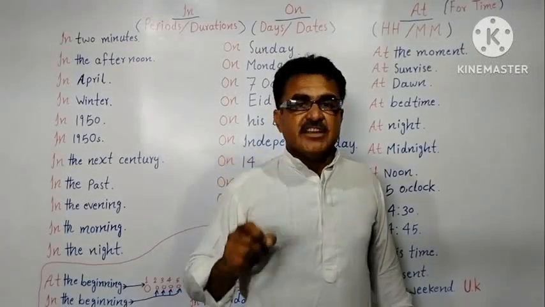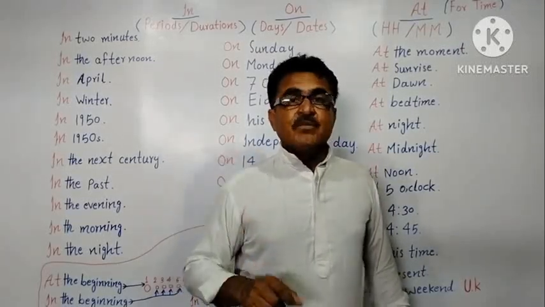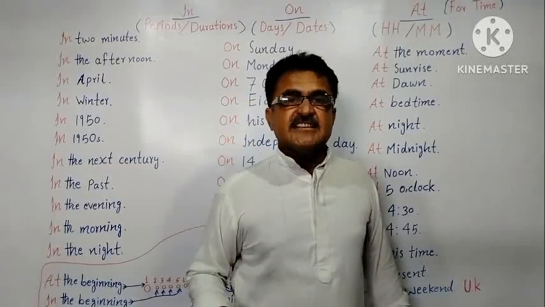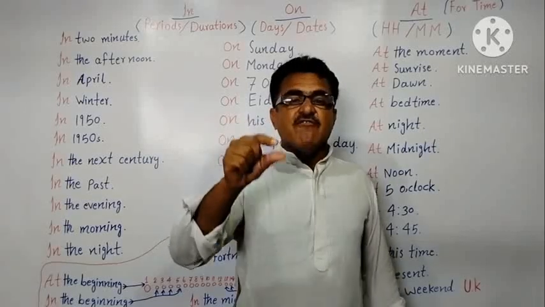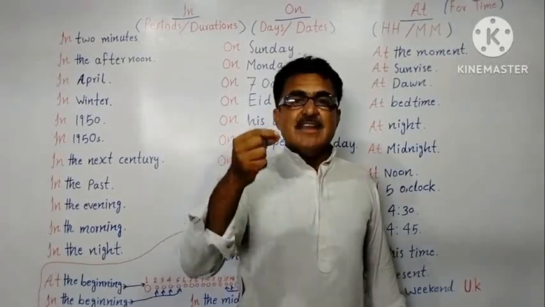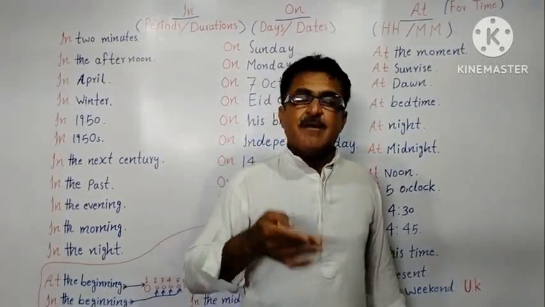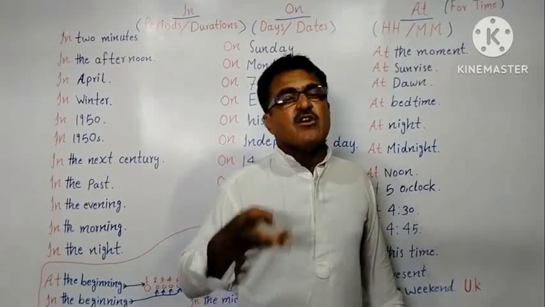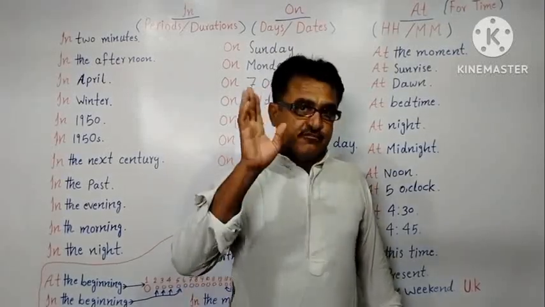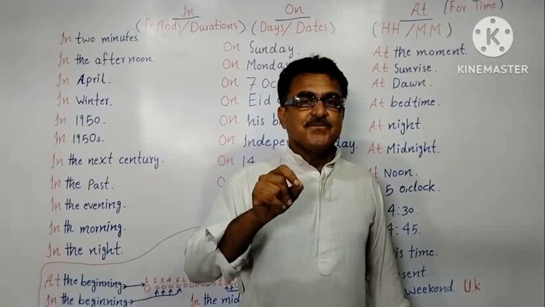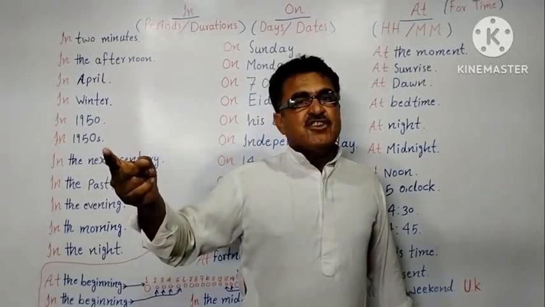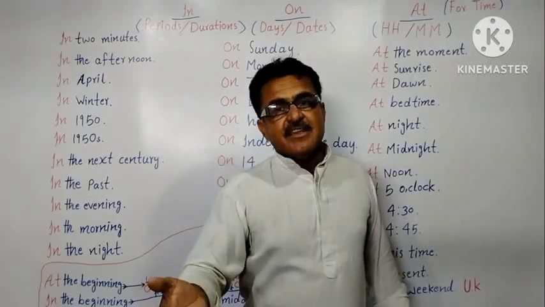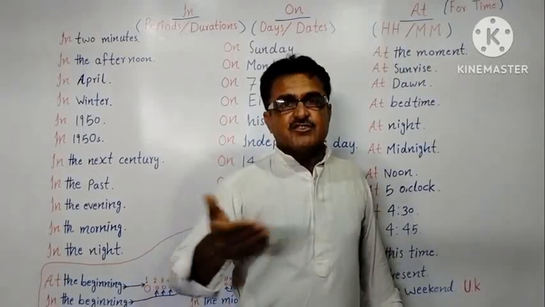Then we say Afridi hit a six at the beginning. If I say Afridi hit a six in the beginning of the match, it means Afridi hit a six maybe on the second ball, the third ball, the fourth ball, the fifth ball, the sixth ball of the first over. Okay, understood? In the beginning, at the beginning. At the beginning, first ball; in the beginning can be any of these 6 balls of the first over.